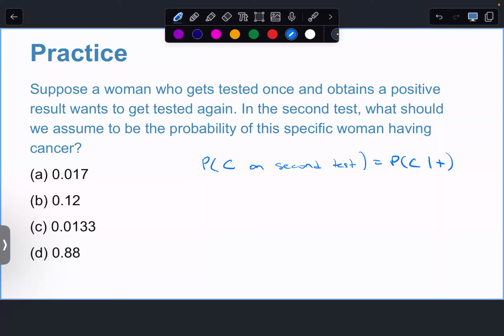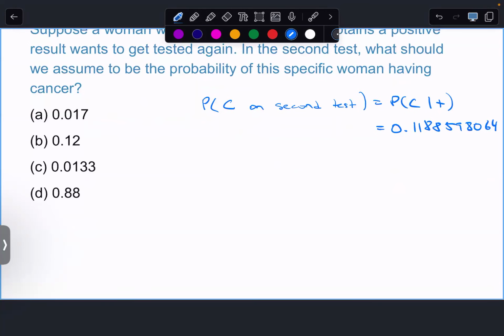And we said it was 0.1188598064 from earlier, which we can round to 0.12, or roughly 0.12. So in the second test, that alters the probability of having cancer because we already know that there was a positive result.